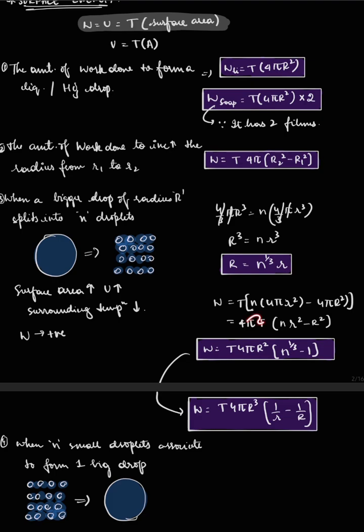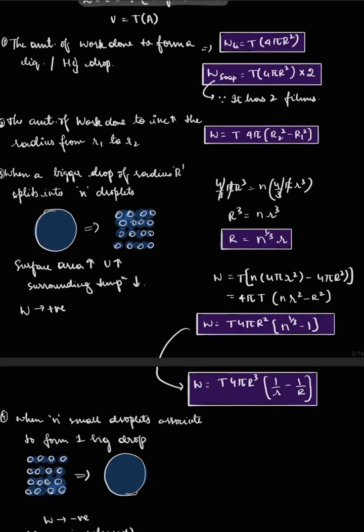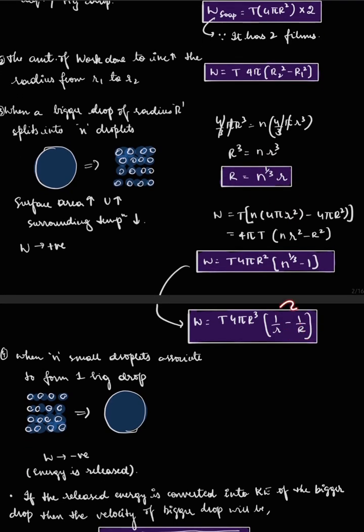Now W is the work done which it took for a bigger drop to convert into n number of droplets. As we know, it starts with tension, area, 4 pi r square, and in place of r square we put this, and it will be like this. Now simplifying, you reach this formula.